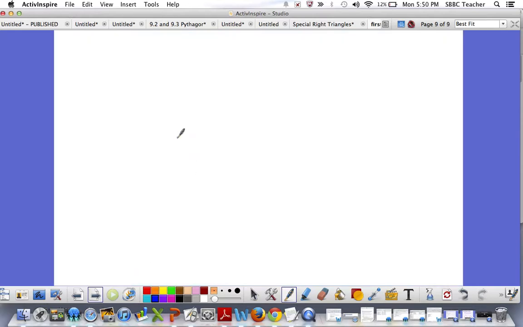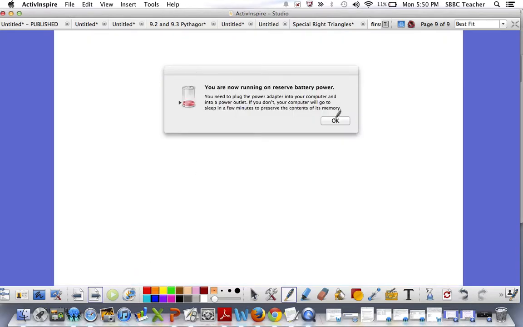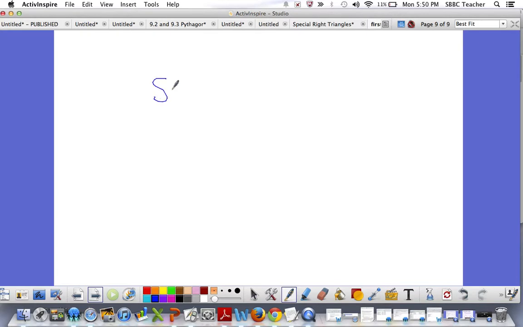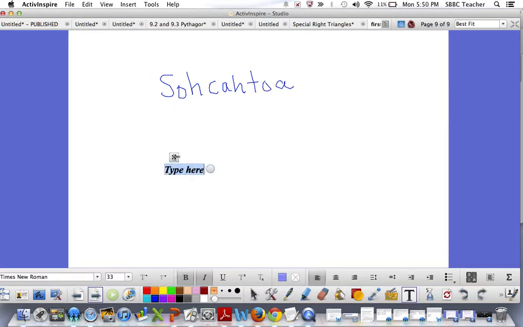A great way to remember these is by using SOHCAHTOA. That's a way of remembering these trig functions. If you remember this abbreviation, it will help you a lot.